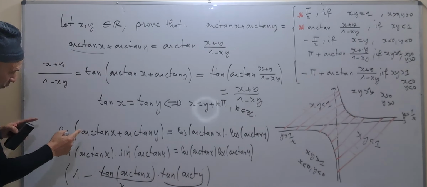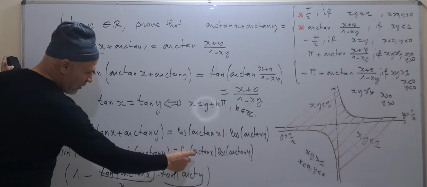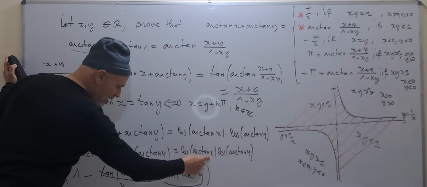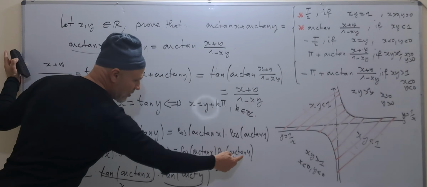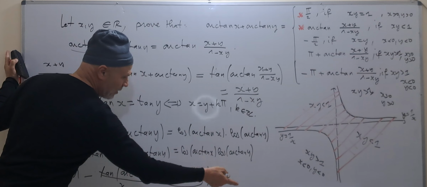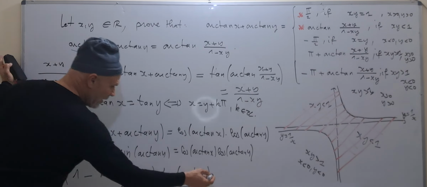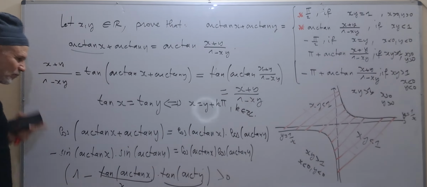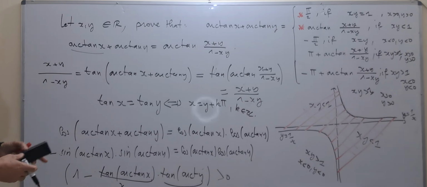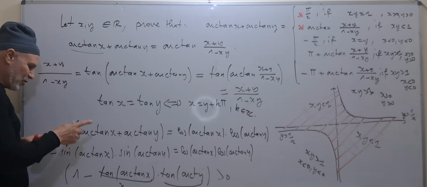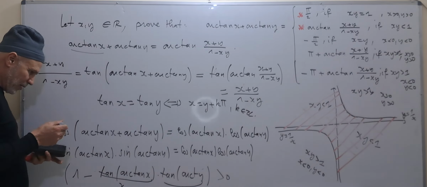But previously we know that arctangent x is between minus π over 2 and π over 2, which means the cosine is positive, and arctangent y is between minus π over 2 and π over 2, which means that is positive. At the end, this is positive. Which means that the sum, this angle, is actually between minus π over 2 and π over 2.